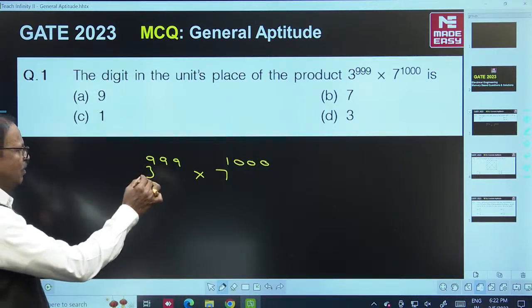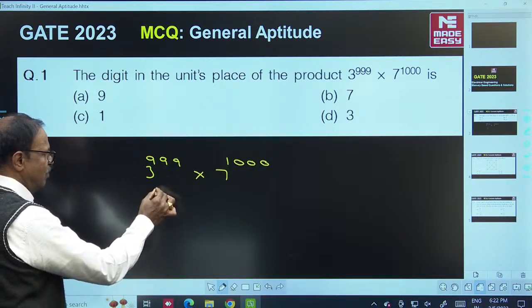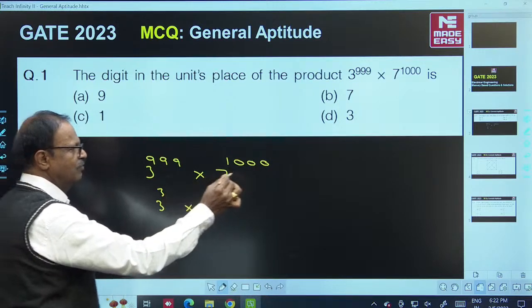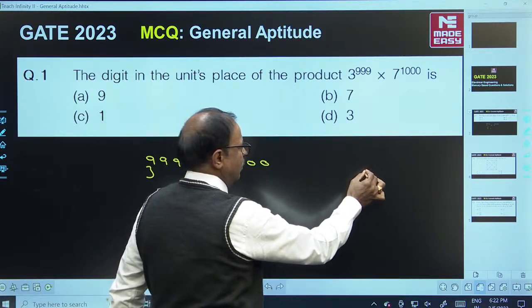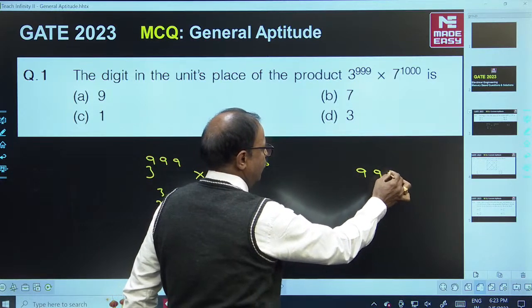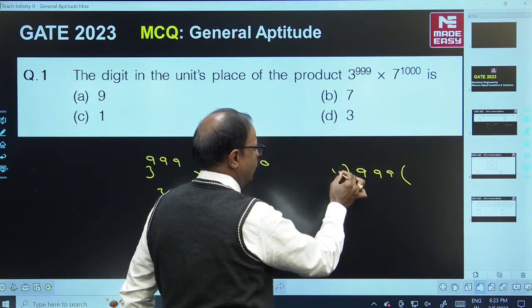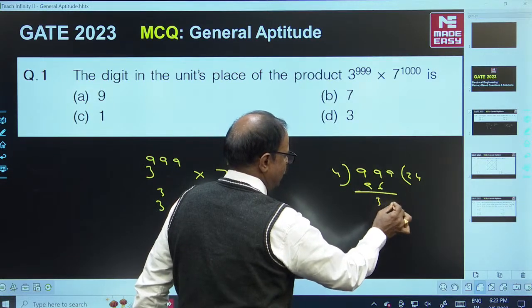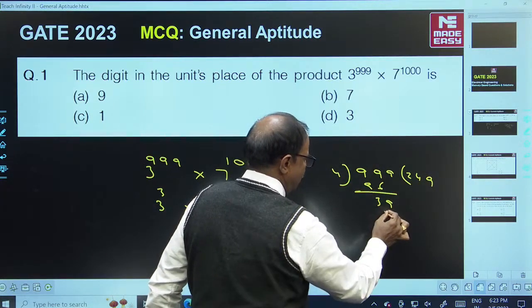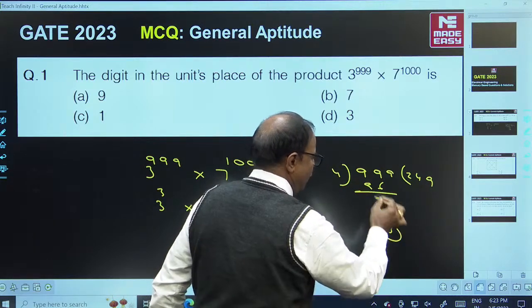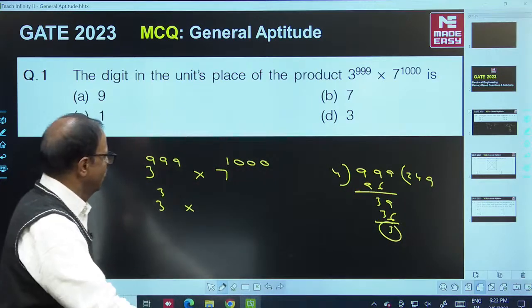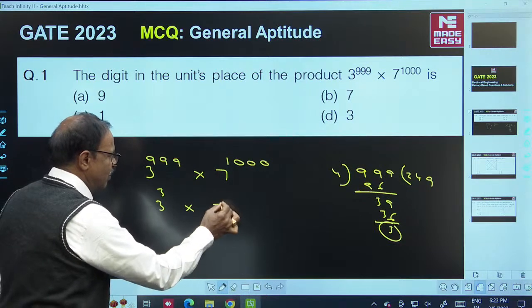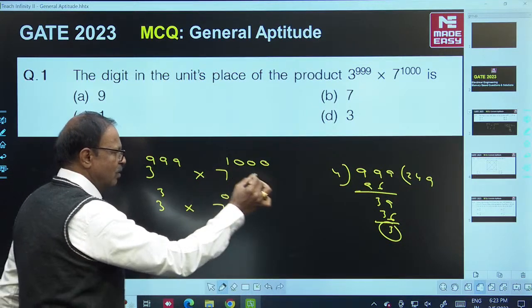What is the remainder when dividing by 4? Dividing 999 by 4, 4 into 24 is 96, this will be 39, 4 into 9 is 36, so we have to consider remainder 3. And 7 power 1000 dividing by 4, the remainder will be 0.